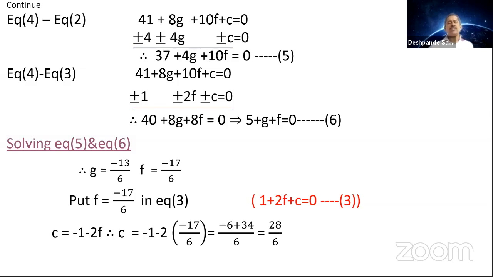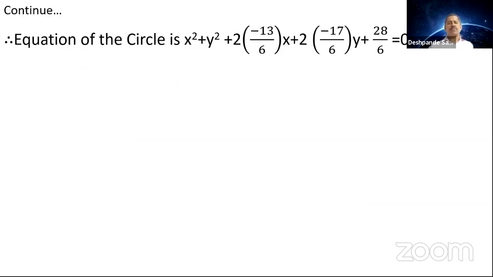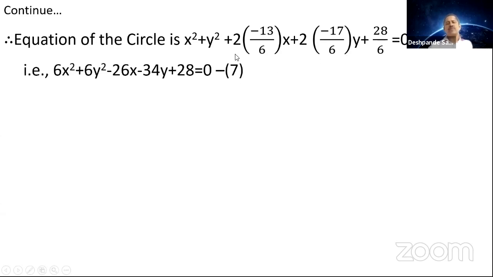So you're going to substitute these values in the equation. You get x square plus y square plus 2 into the G value, F value, and C value. You see that there is a 6 common, so you can take the LCM of 6 and write 6x square plus 6y square minus 26x minus 34y plus 28 is equal to 0.